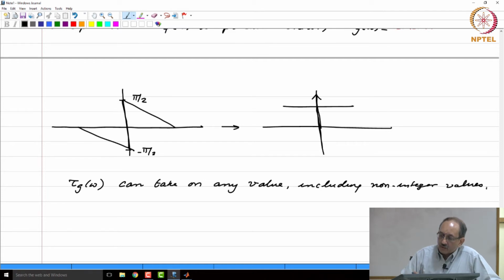And the reason why I am mentioning this is we are going to give a physical meaning to group delay, and this delay need not necessarily be an integer. Therefore, group delay can take on fractional values, but this should not cause us any problems because we know what it means to impart fractional delay to sequences.